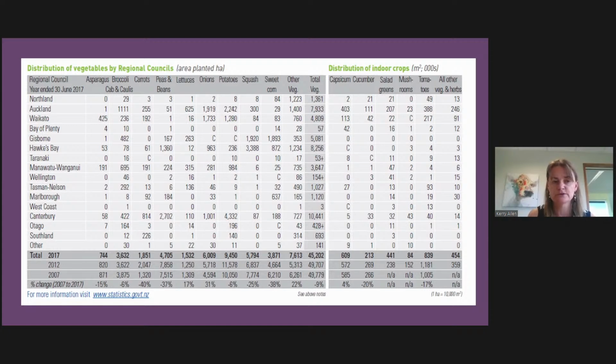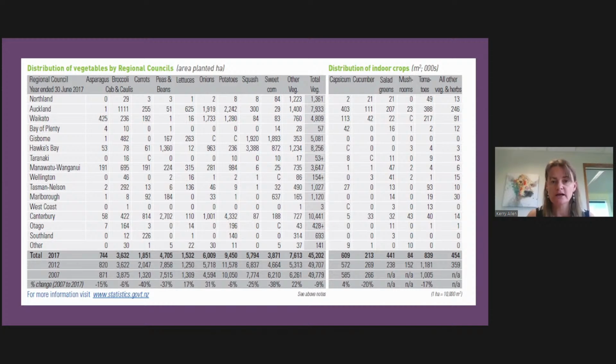And then if we move to indoor crops, so that's on the right-hand side of the graph, you'll see that these are showing you capsicums, cucumbers, salad greens, mushrooms, and tomatoes, where they're located in the country. So you can see Auckland plays the predominant role here, with a majority of those crops being produced there. So largest for capsicums and tomatoes.